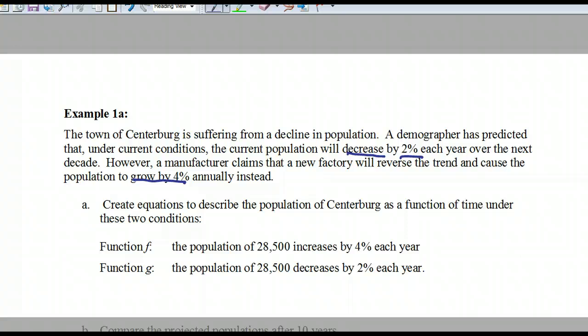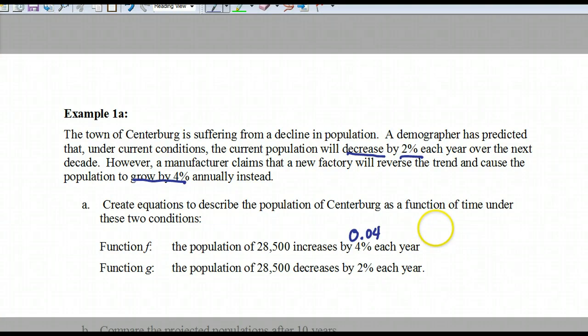So under f, if it's increasing by 4%, we're going to change this to a decimal. What is 4% as a decimal? 0.04, right? Now, I want to add that to a 1 because we are growing. It's an increase, right? So 1.04.